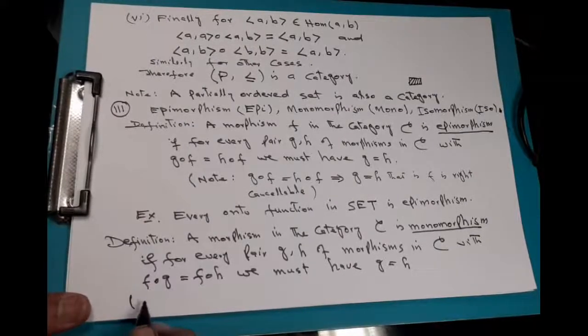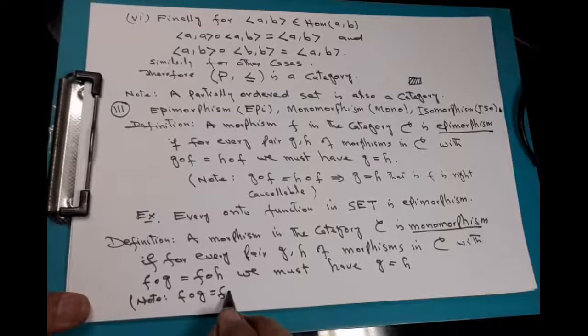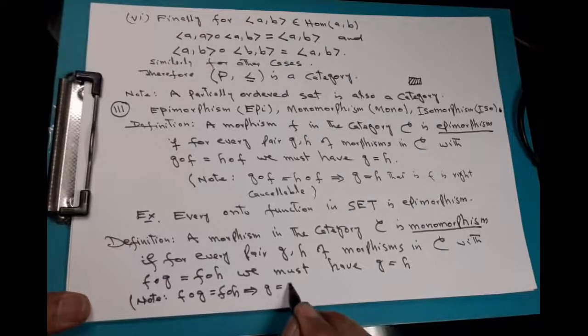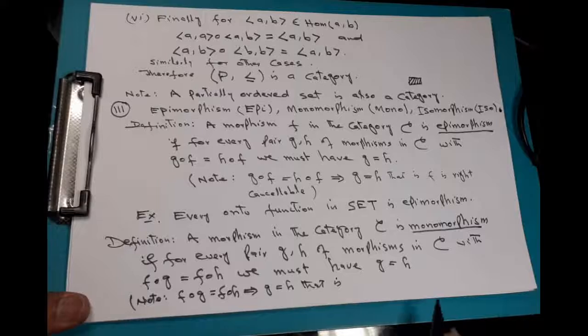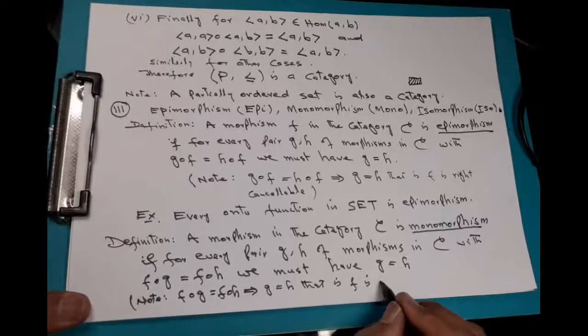Let me write it here as a note. So what we are saying is that if F circle G is equal to F circle H, then G must be equal to H, which means that F is left cancelable.